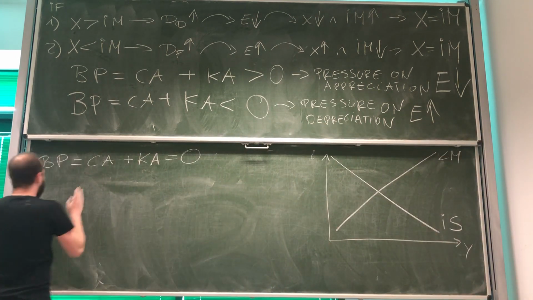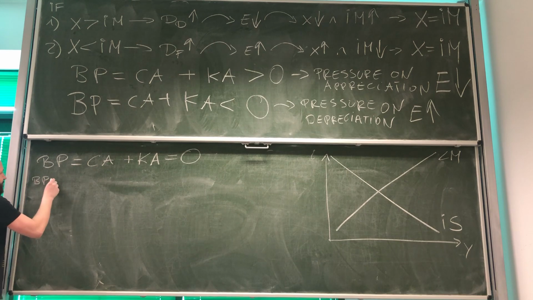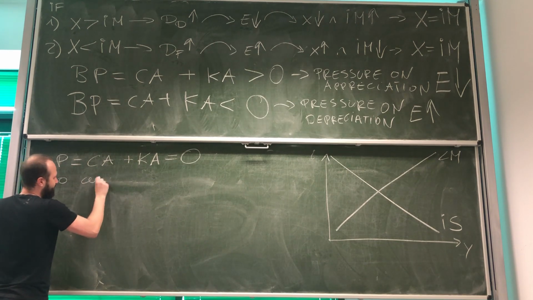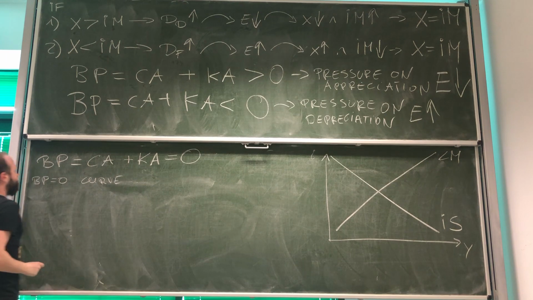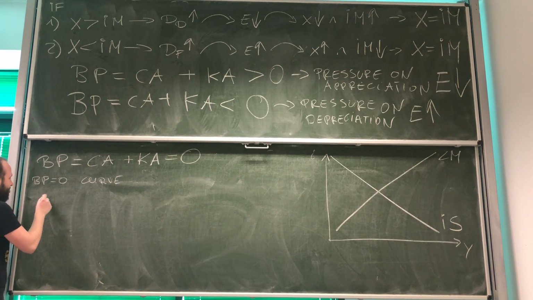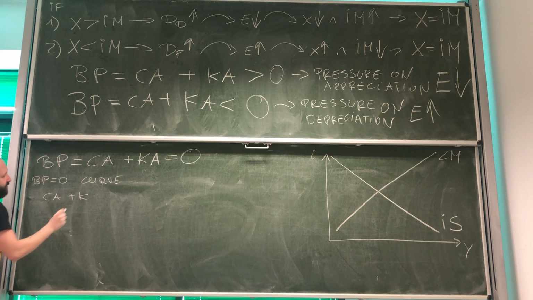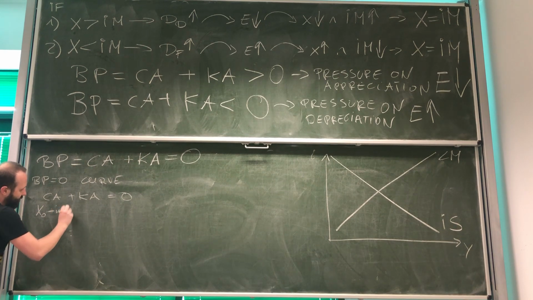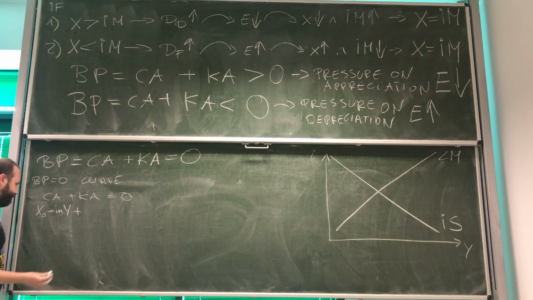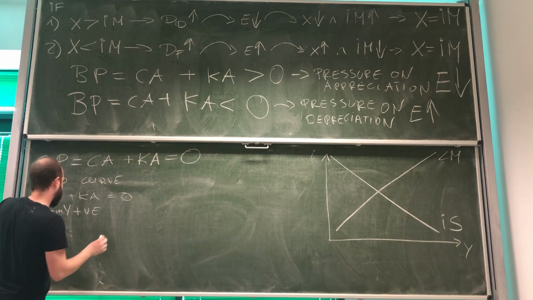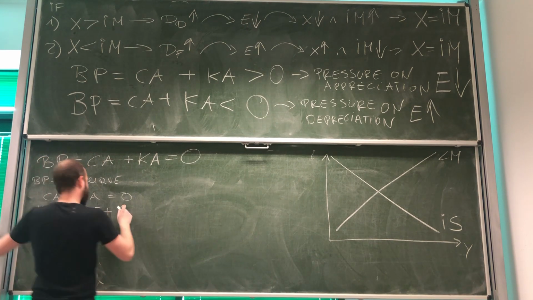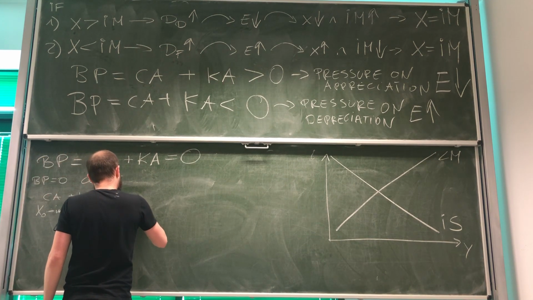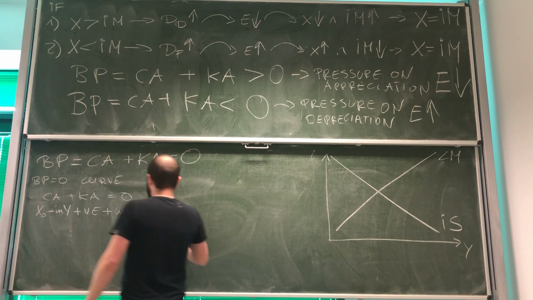Okay, so our BP curve, or BP equal to 0 curve, requires that the current account and capital account together equal 0. Which means that the current account, given by x0 minus my plus VE, plus WI minus IW, equals 0.